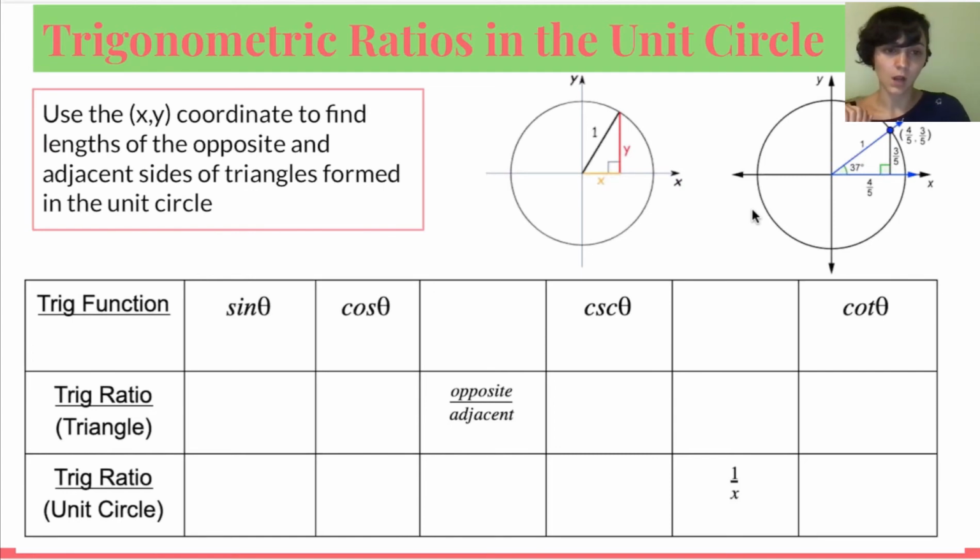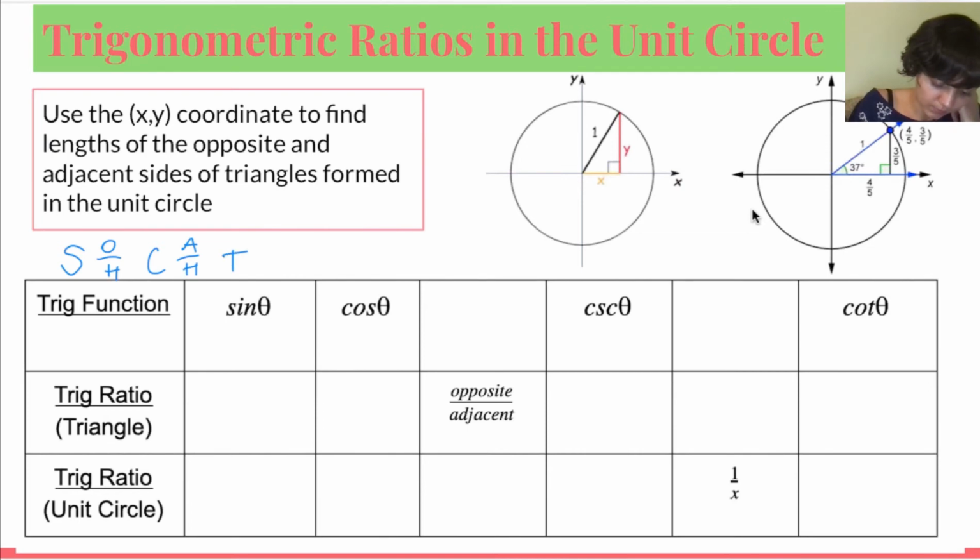And so our trig ratios, which hopefully you all have SOHCAHTOA memorized by now, right? SOHCAHTOA are our trig ratios, and so we can fill in the table with the appropriate side.